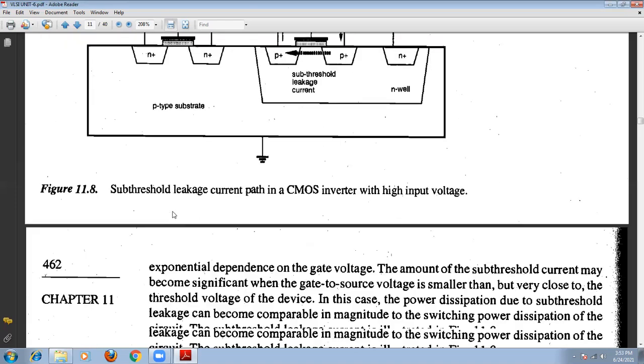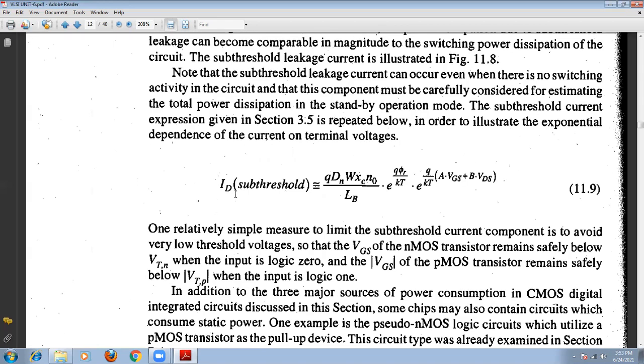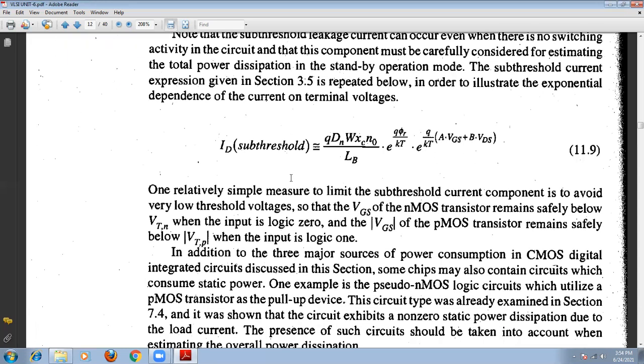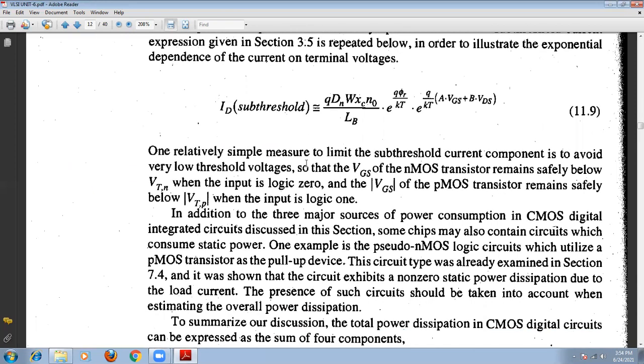So this is given by this equation here. ID threshold is equal to QDN. In this case the equation depends upon the width and length factor of the device, into the exponential factor of this equation. Similarly, the total power dissipation depends upon all these four components. What are the components here?